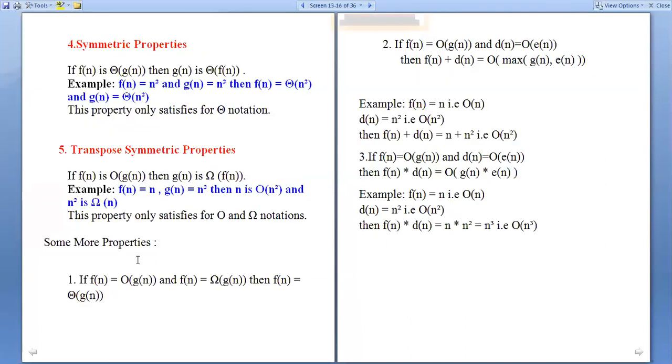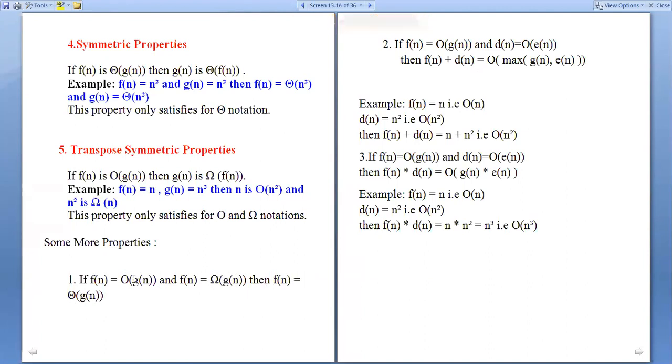Some other properties when you consider, if f of n is equal to big O of g of n and f of n is equal to omega of g of n. F of n, this one is also f of n. But here big O of g of n, this is omega of g of n. When you consider big O notation, that is upper bound. Omega notation, that is lower bound. Then f of n is equal to theta of g of n. This is an average bound.